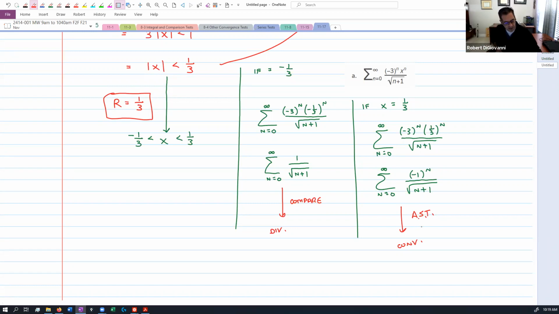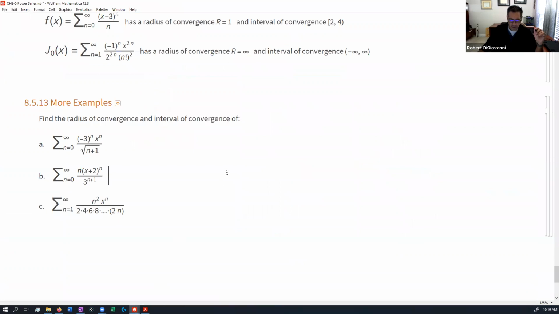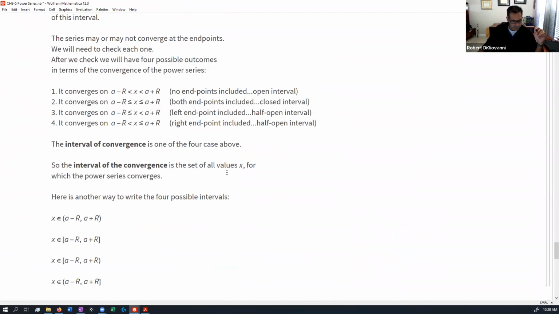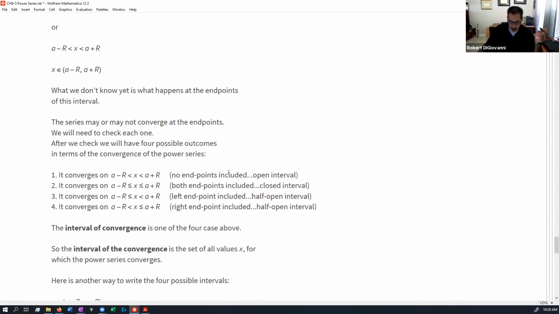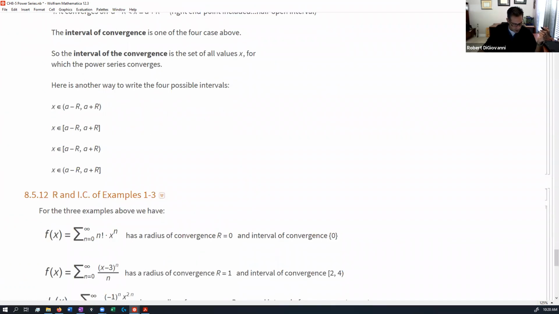So now what is the interval of convergence? By the way, when I do interval of convergence, I abbreviate it as IC because I don't like writing interval of convergence over and over.